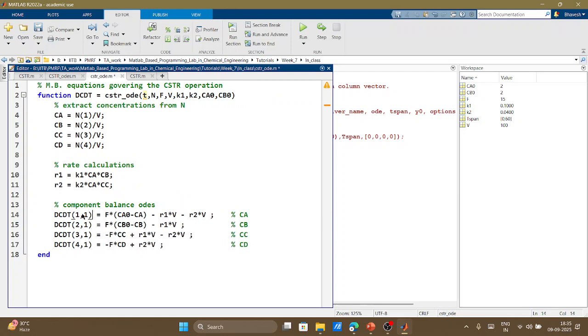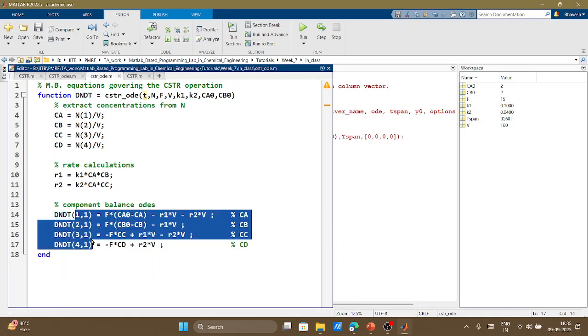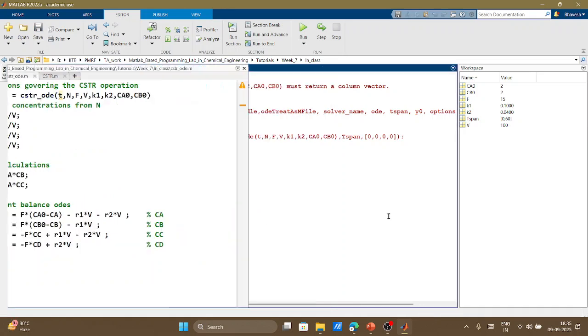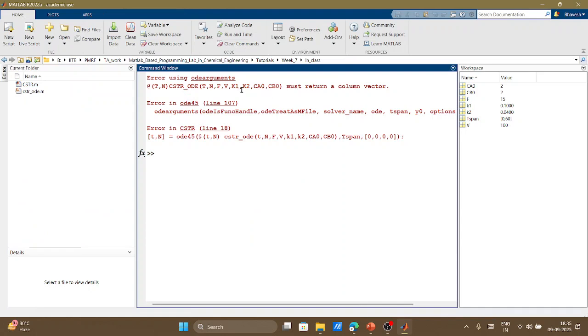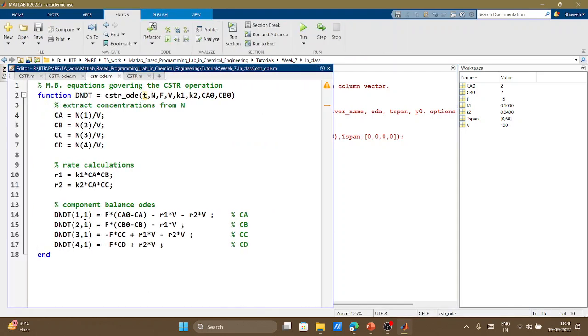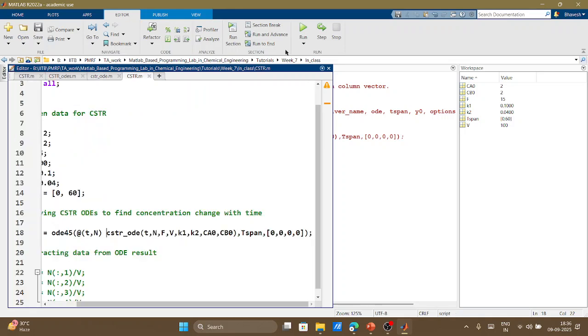So basically this dc by dt, actually it should be a column vector. Let me rename it because it's dn by dt, so it's not appropriate. Dn by dt. And I have created dn by dt as a column vector, since it was asking me that this function must return a column vector, right? So this is how I'm creating a column vector. And now let's call it.